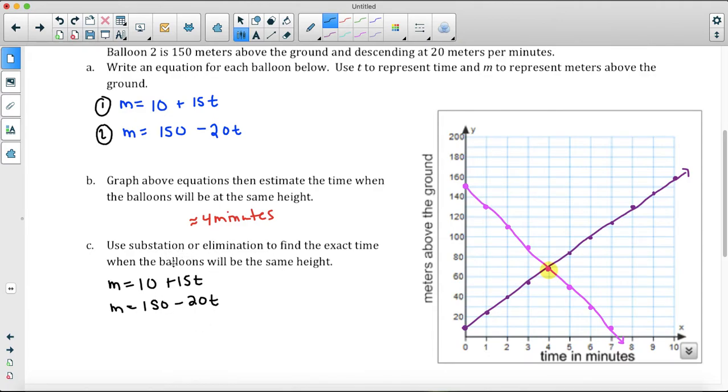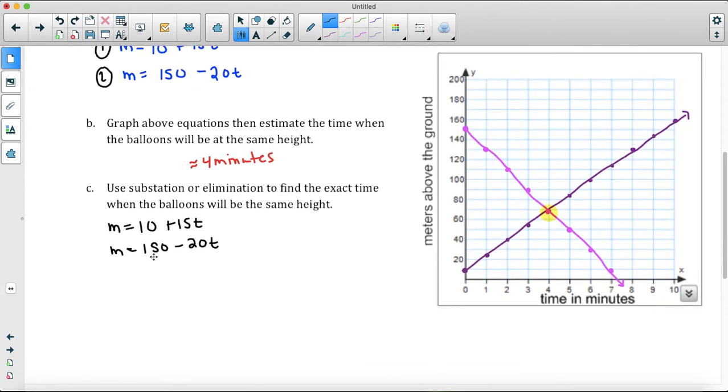We can use substitution here, because we can take this first expression that's equal to M and substitute it for the other M. So we would have 10 plus 15t is equal to 150 minus 20t.